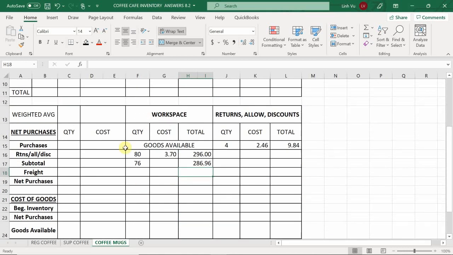So in this case, at least I know that I returned 4 of the items that I don't have anymore, and it's from the second batch of inventory. But you're right, we don't really need to keep track of it because at the end of the day, we're doing weighted average. I'm just making sure that when we are doing this, you know exactly where it's coming from, where you took the 4 cups.